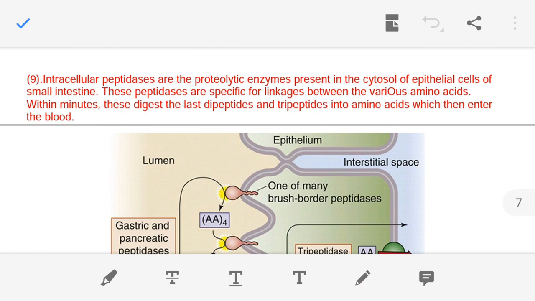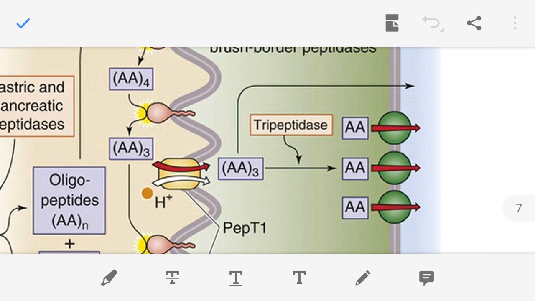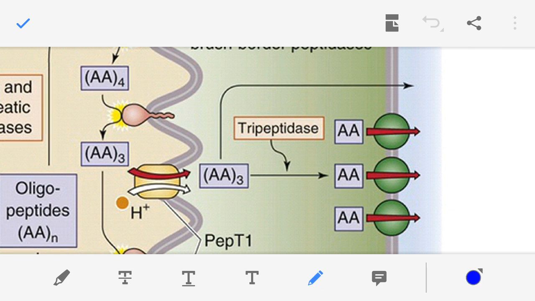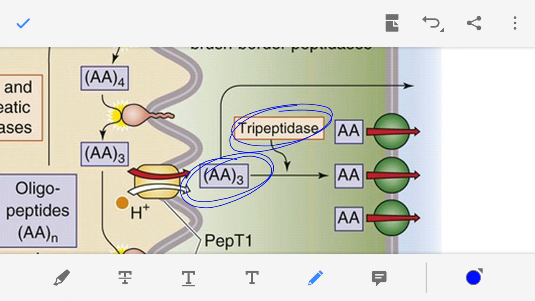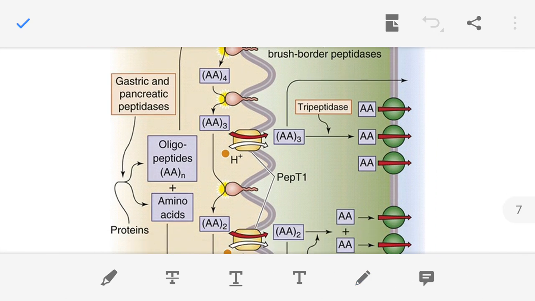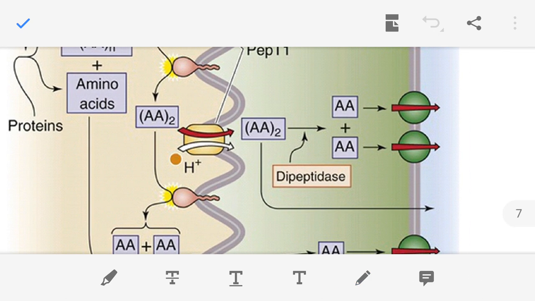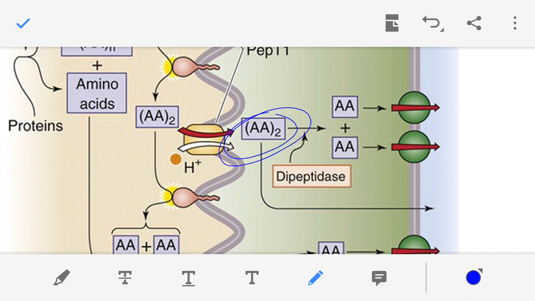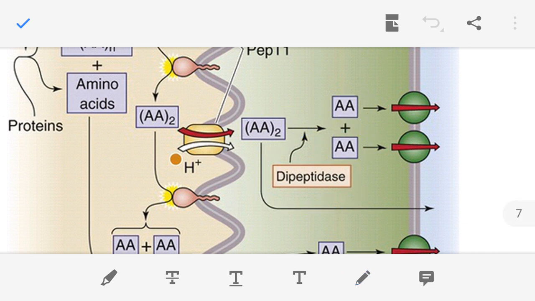In the figure, as you can see, the tripeptide has entered the cytoplasm, and the tripeptidase enzyme is acting on it. So three amino acids are formed in the cytoplasm, and over here AA2, the dipeptidase is acting, and amino acids are formed.